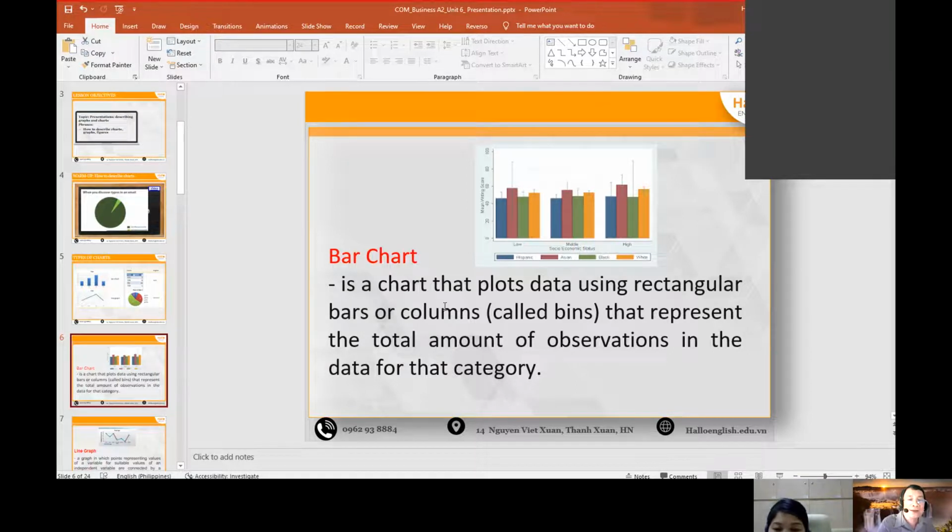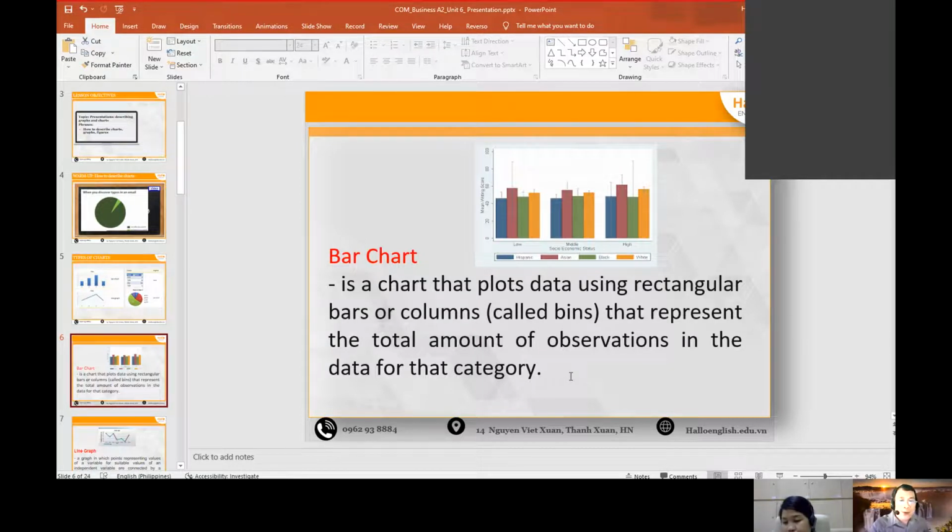It is a chart that plots data using rectangular bars or columns, called bins, that represent the total amount of observations in the data for that category. Yes, very good.